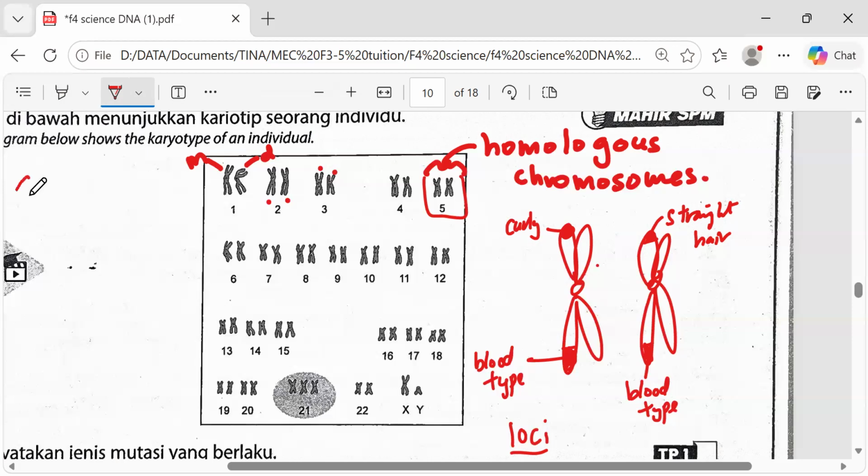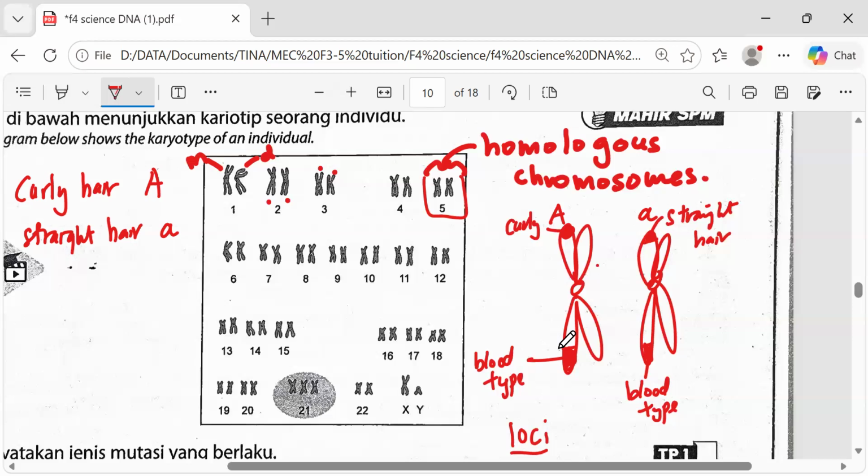I represent curly hair with a big A, and I represent straight hair with a small a. Understand?